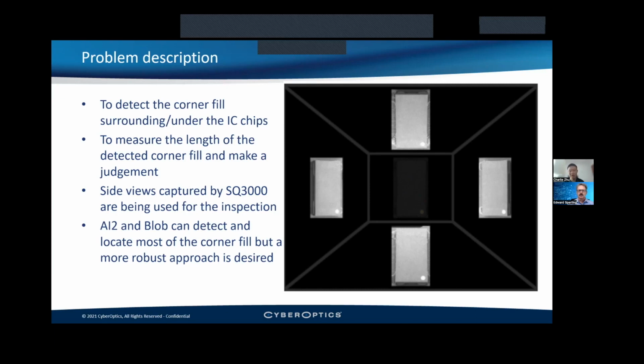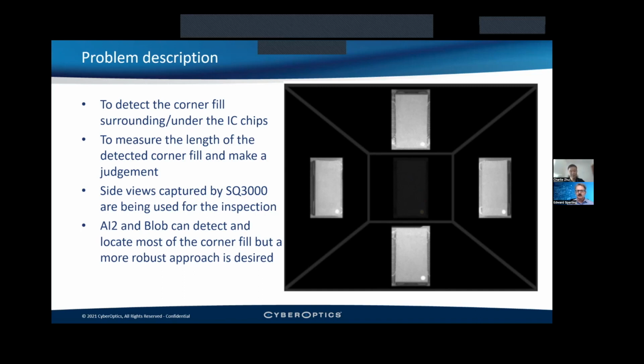The difficulty is that the underfill, as its name implies, is under the IC. It's hard to be seen by normal cameras. So here we are using side cameras, but even with the side cameras, we can't see the complete picture of the corner fill. That's why it's a challenge to use a vision algorithm to do the inspection.